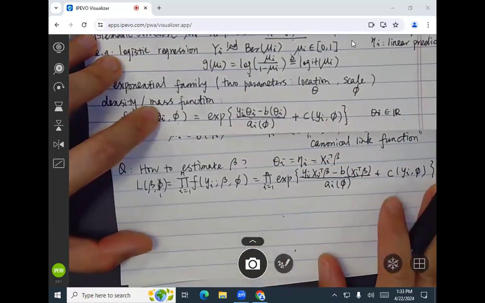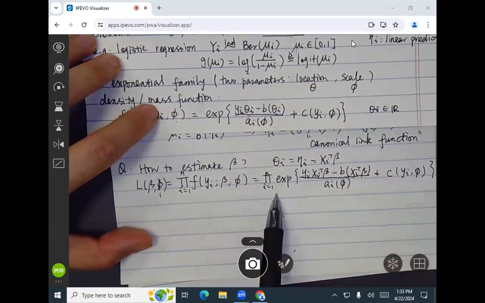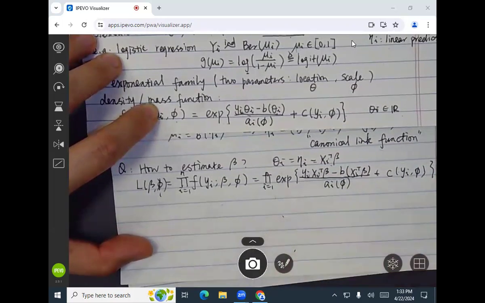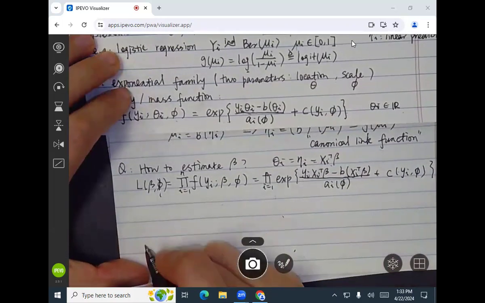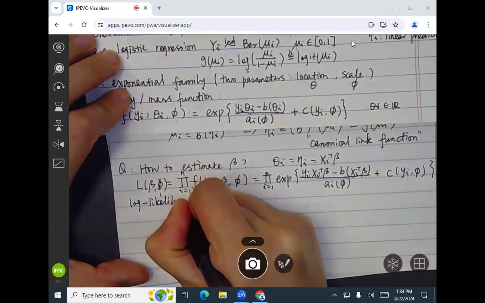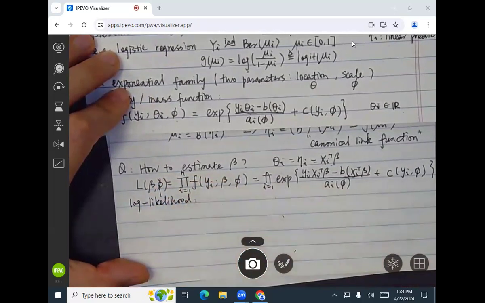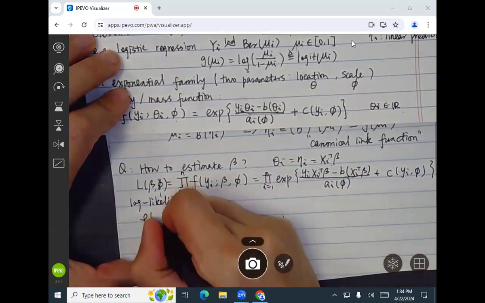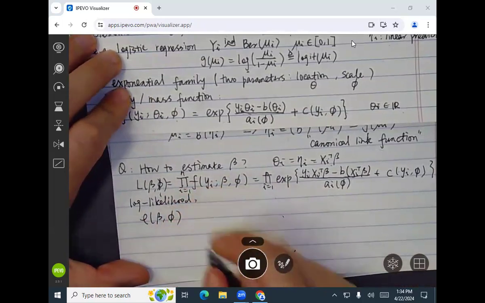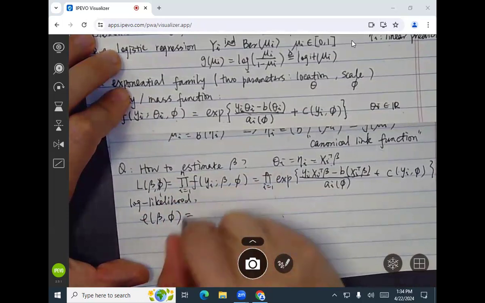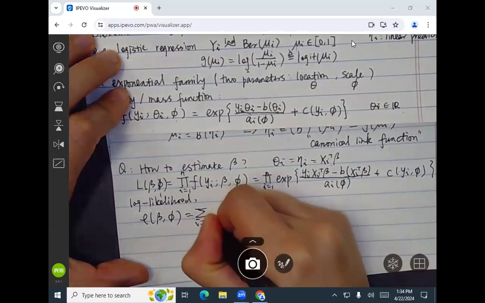That's it, okay? So then you see, I just need to move this product inside the exponential to become a sum over i, and then I take the log. So the log likelihood, I call it small l of beta and phi, would just be the summation i from 1 to n.